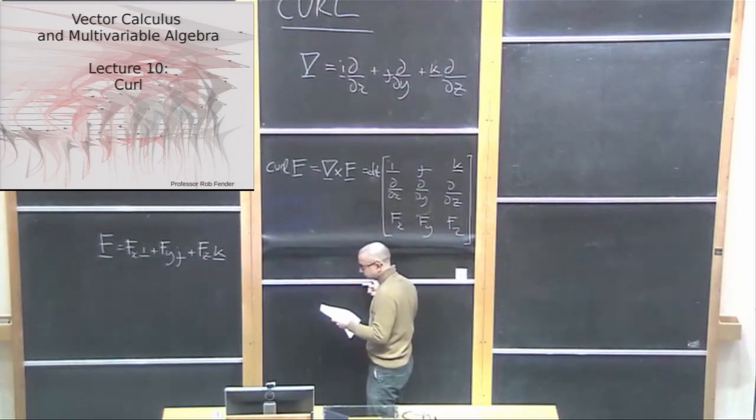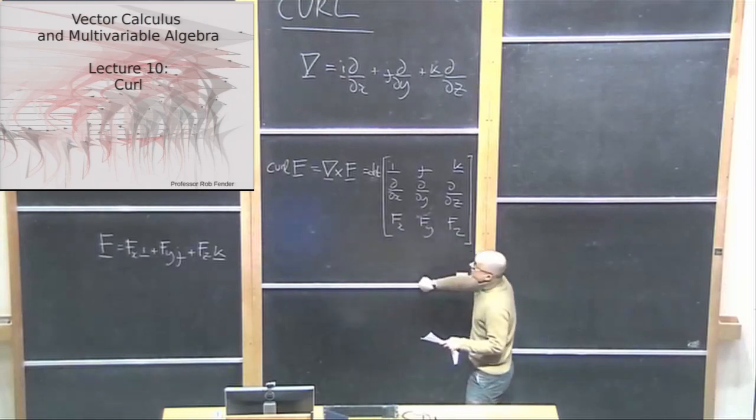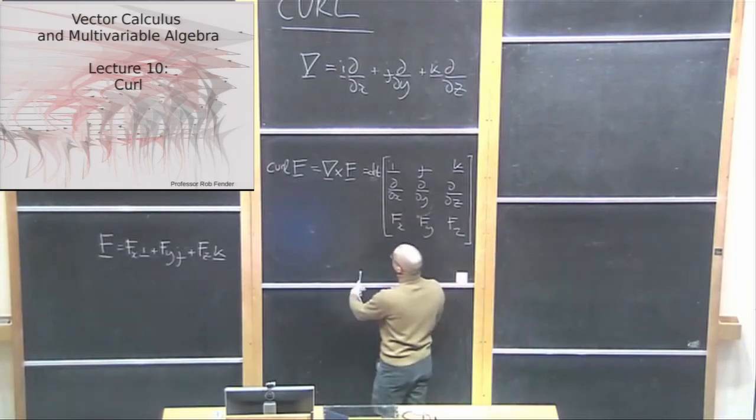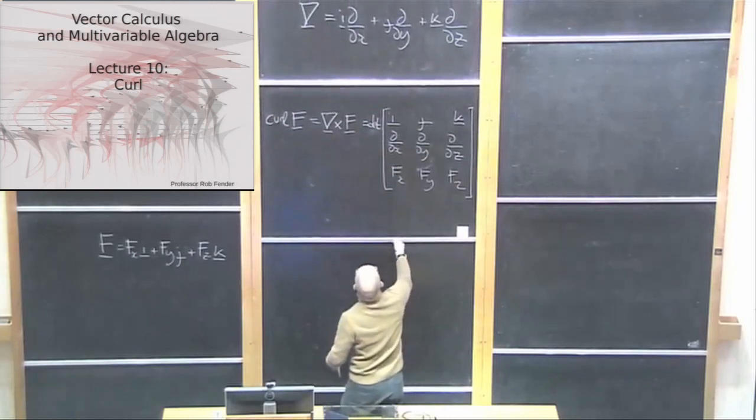Okay. So as I say, the curl is measuring the microscopic rotation of your vector field around a given point.